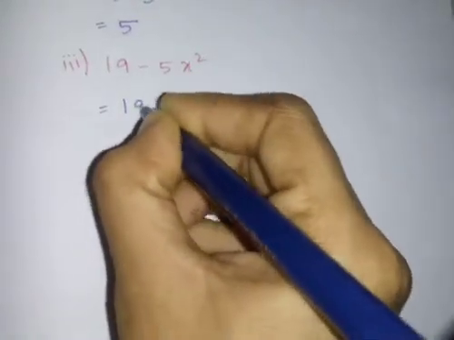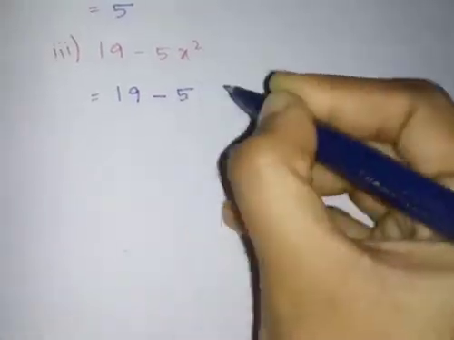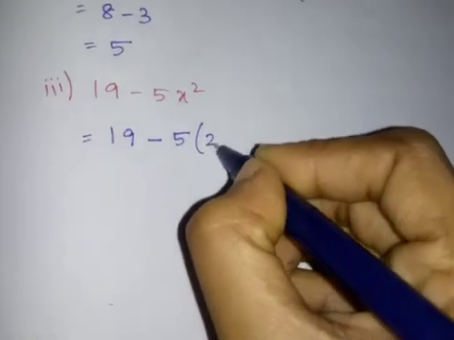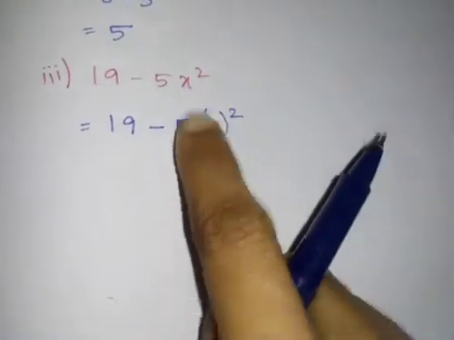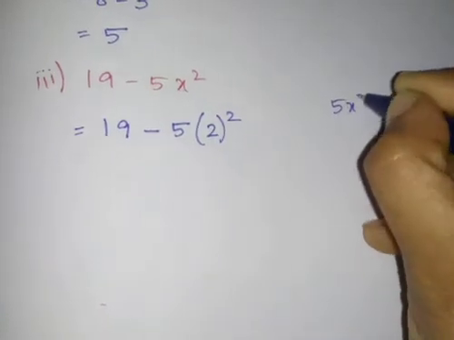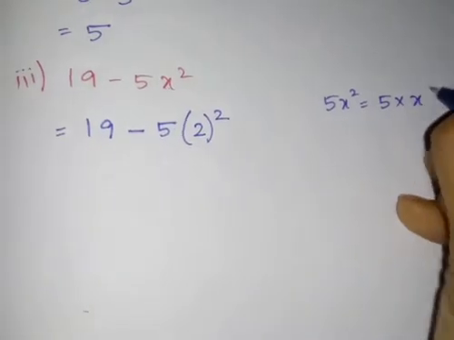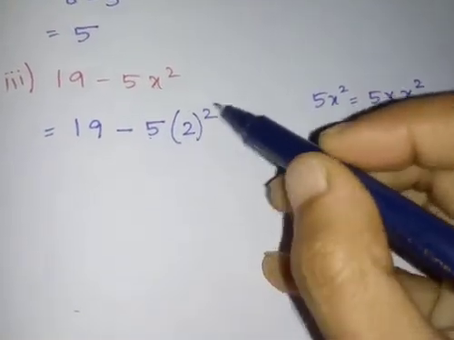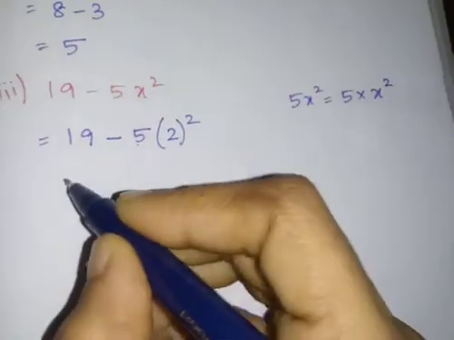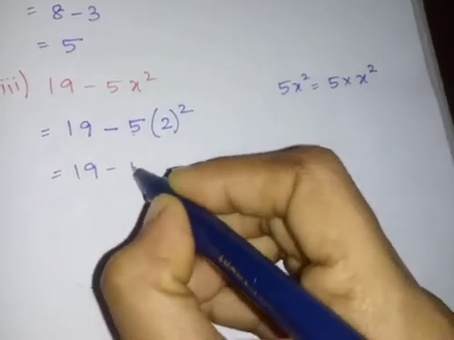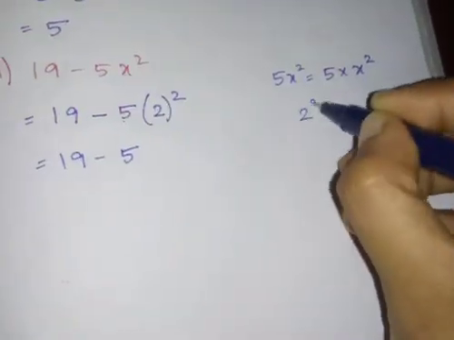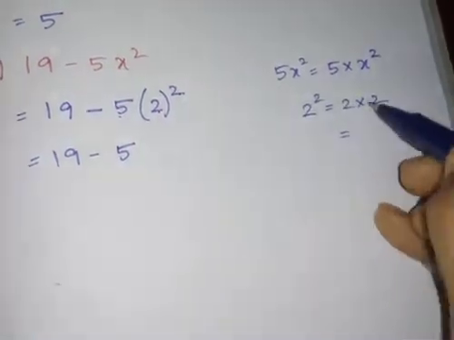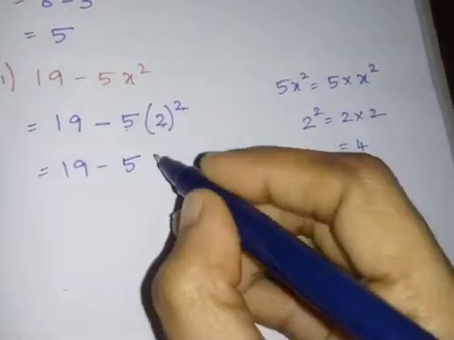So 19 minus 5 into x square. 5x square is nothing but 5 into x square, so 5 into 2 the whole square. 2 square is nothing but 2 into 2. 2 2s are 4, so the 2 square value is 4.